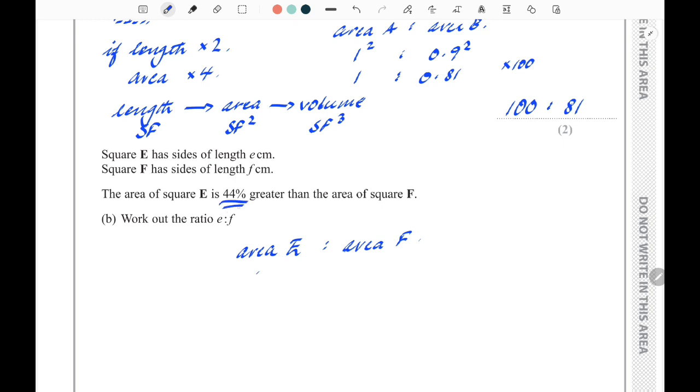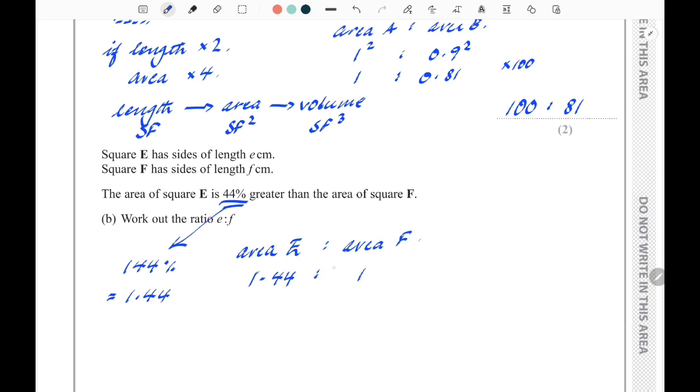That's something I just have to explain here. 44% greater means it's 144%, which means it's 1.44 in decimals. So if we write that as decimals, 1.44 to 1.